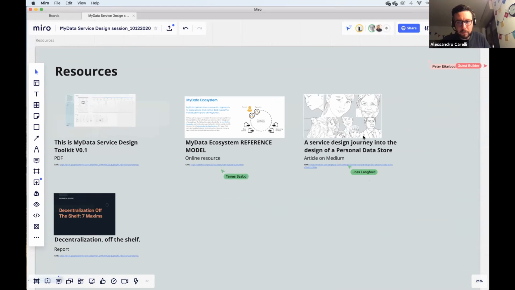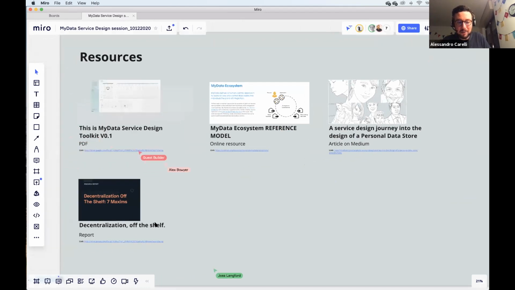Very briefly, the third resource is just an article that I wrote about my experience in designing a PDS for entity data. Perhaps if you have a look at that, you will spot some of the tools and ideas that we actually used in this workshop.